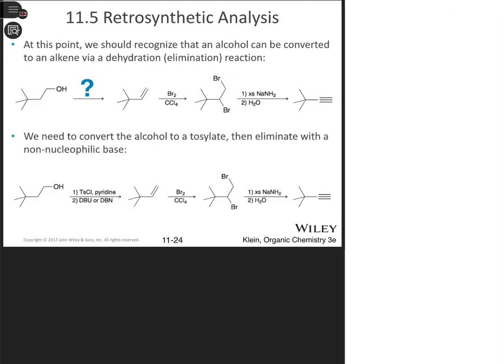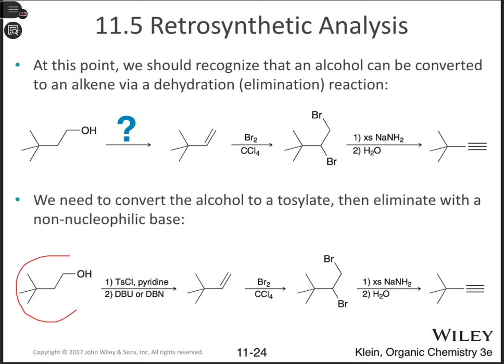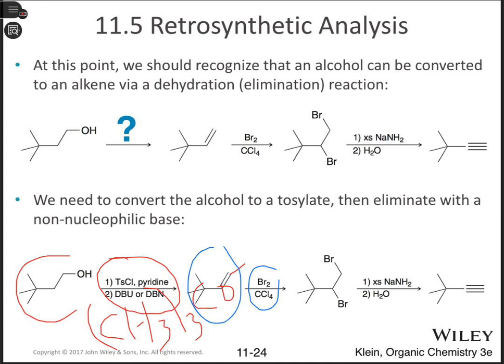So you convert the alcohol into a good leaving group, TsCl, a tosylate, and then use a bulky base. By the way, DBU or DBN, if you go back to chapter 7, were some of the bulky bases. You don't have to use this. I would use tert-butoxide. Then you make an alkene, and the alkene with bromine and carbon tetrachloride gives me a dihaloalkane, which then I can make an alkyne out of.